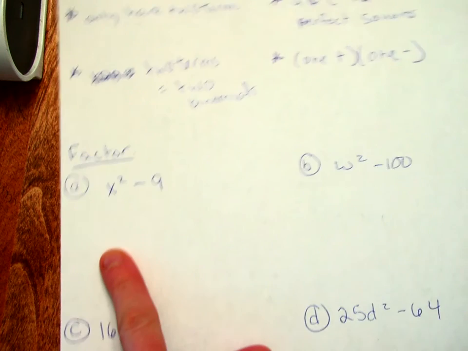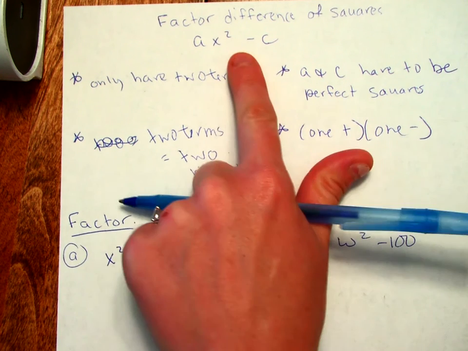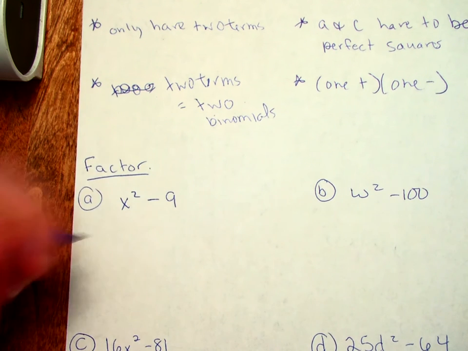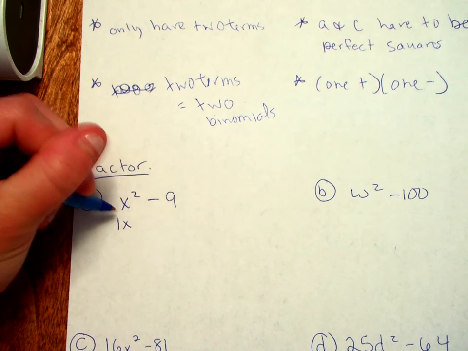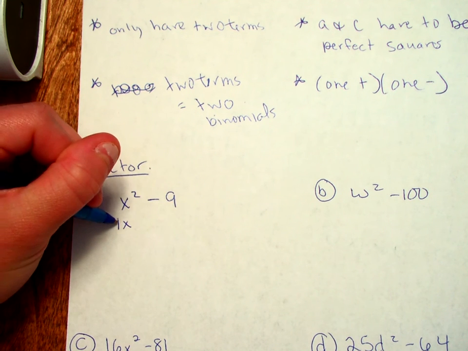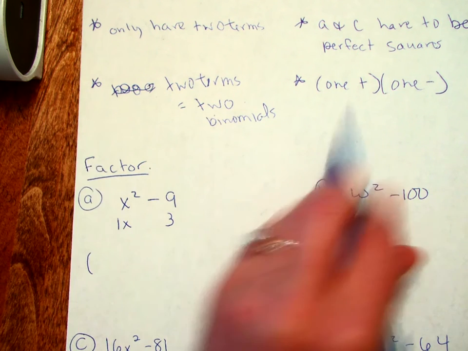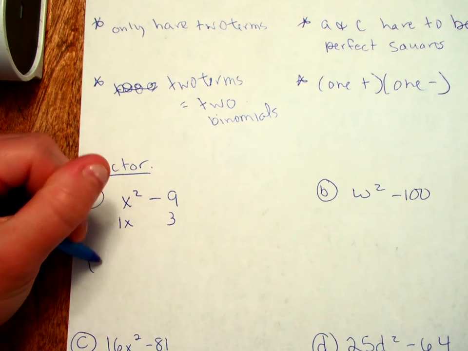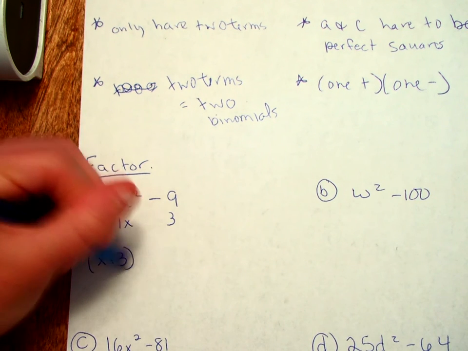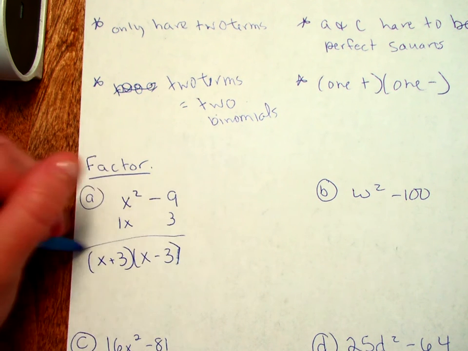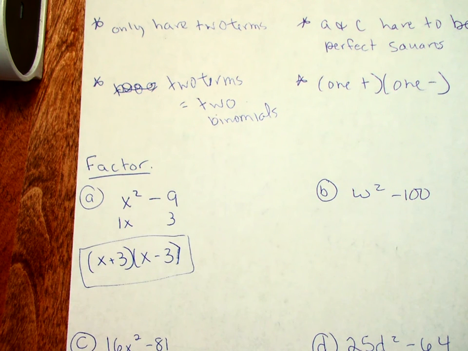So let's start factoring simple. Unfortunately, you have to use the pattern for this because you'll notice there's no bx, so you can't ABC something that doesn't have a b. So use your squares. Perfect square of 1 is 1. Perfect square of 9 is 3. Remember, I need to have one positive, one negative. X plus 3, x minus 3. That's it.